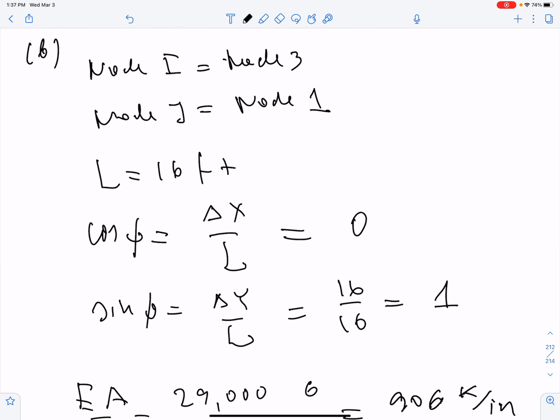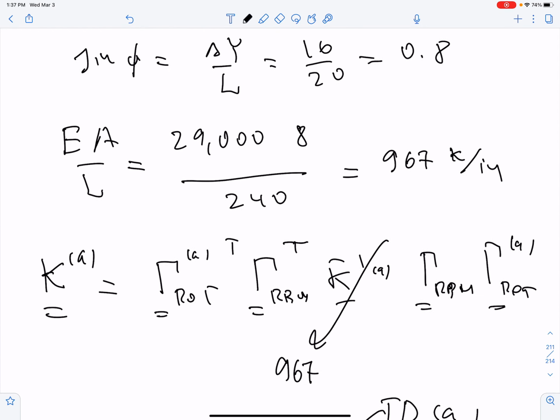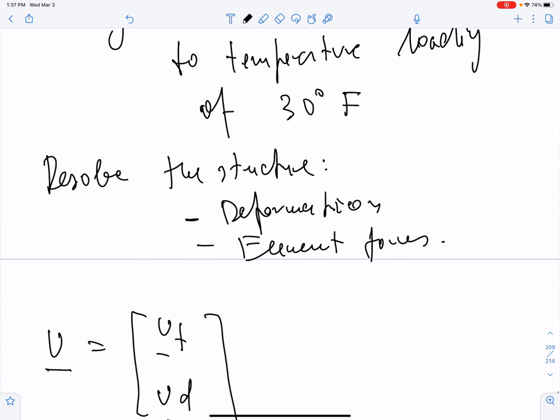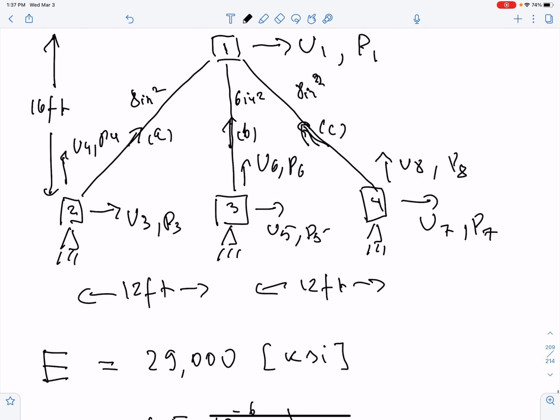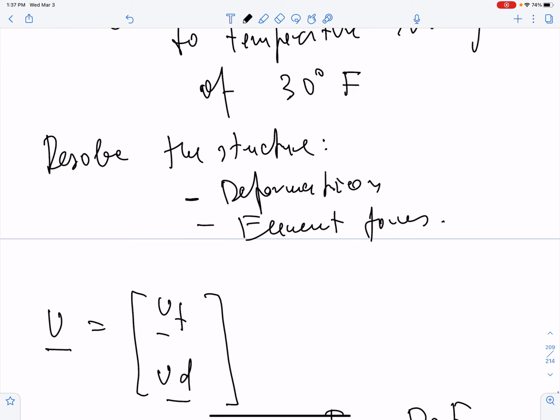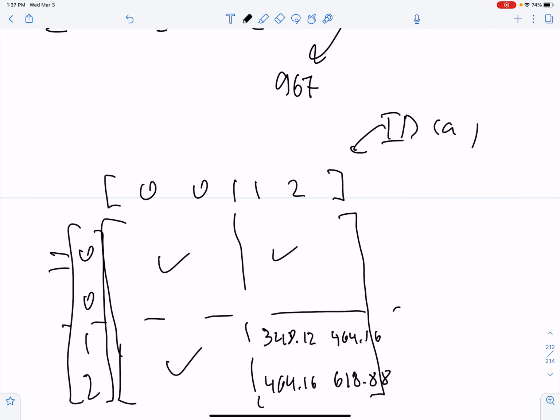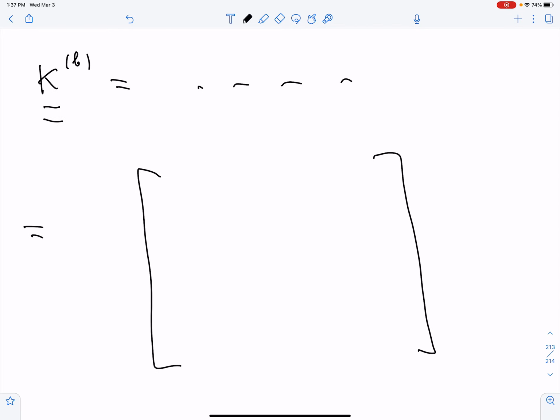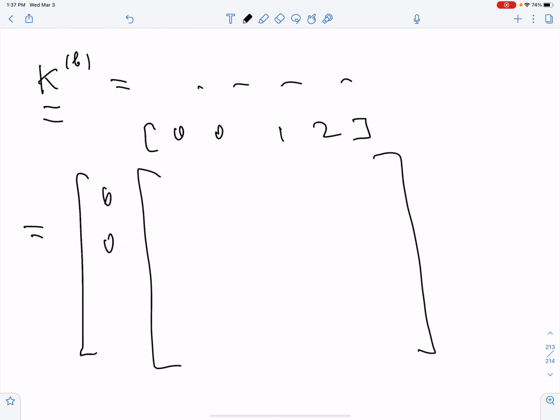Again, to avoid some writing, look at element B. You can see that the first 2 degrees of freedom are going to be restrained, and the second point to 1, 2 again, which allows you to write down the ID array here and there: 0, 0, 1, 2, 0, 0, 1, 2.